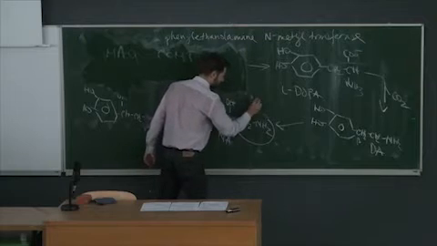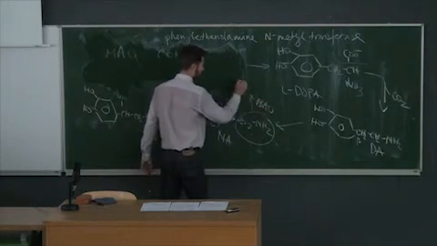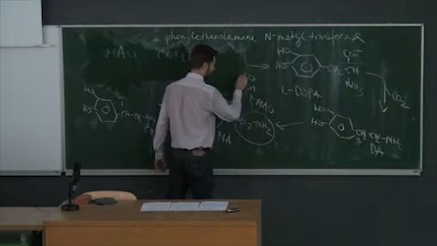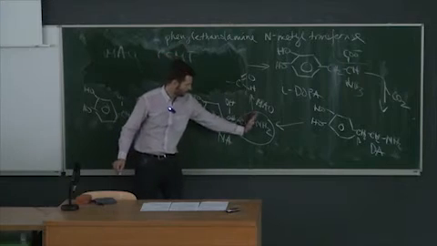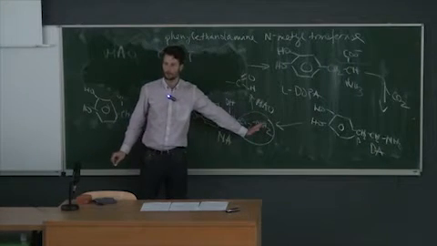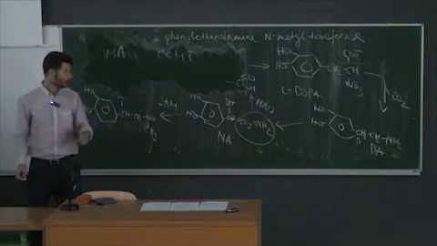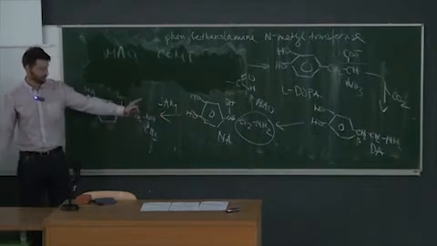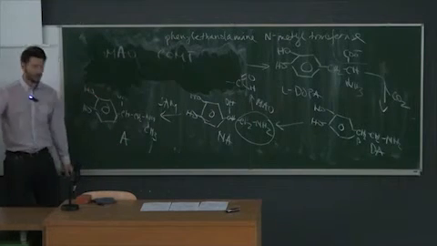So instead of this, you make this. We chop the amino group off and we make an aldehyde instead. That works for all three: for dopamine, for noradrenaline, for adrenaline, it works exactly the same way.